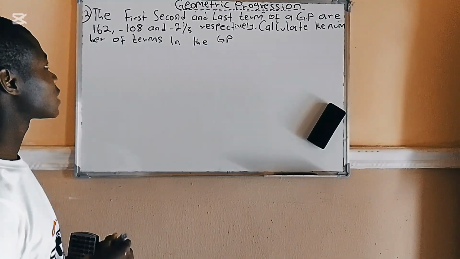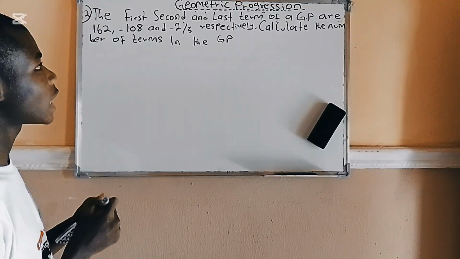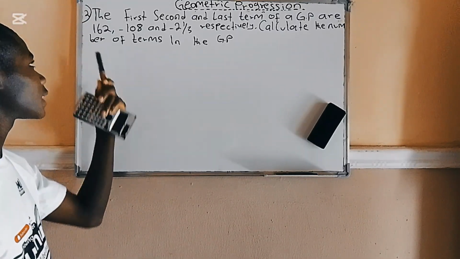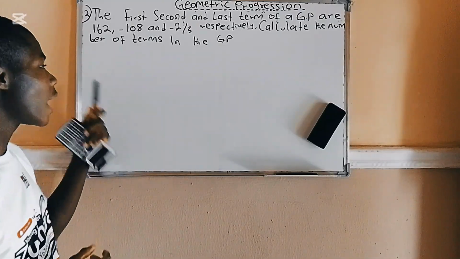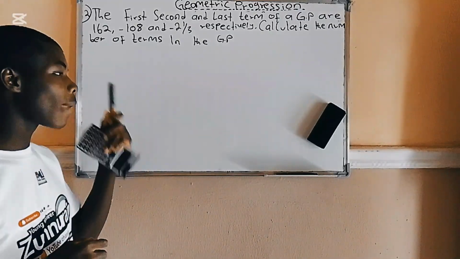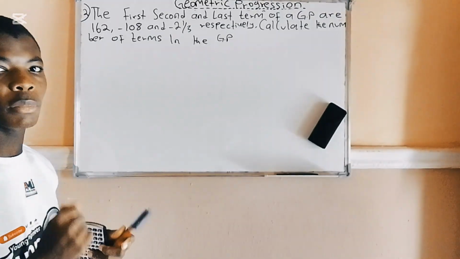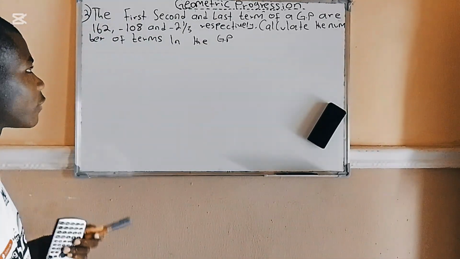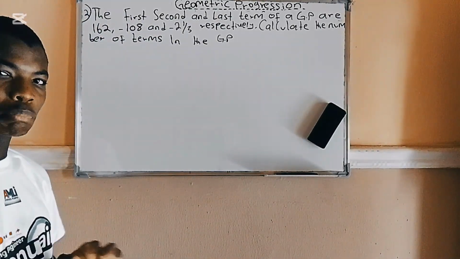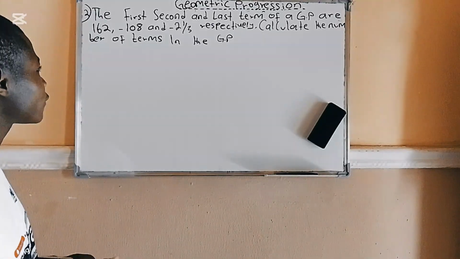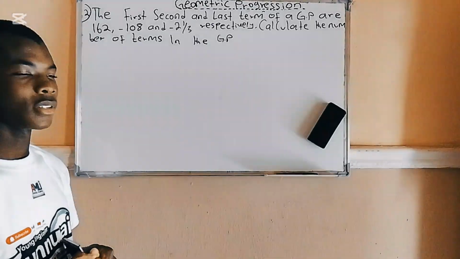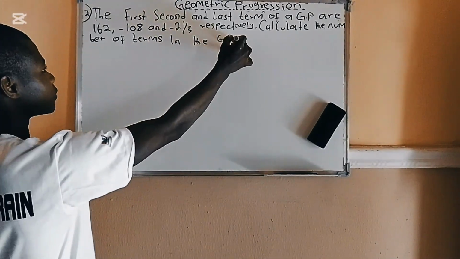The second question says that the first, second and last terms of a GP are 162, minus 108 and minus 2 whole number 1 over 3 respectively. Calculate the number of terms in the GP. So you have to concentrate on what the question says.